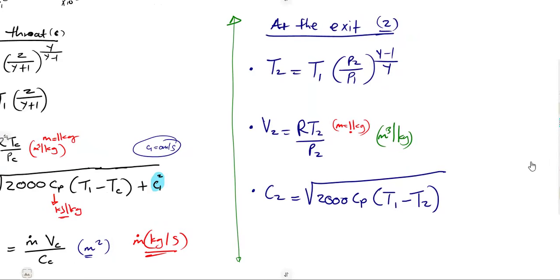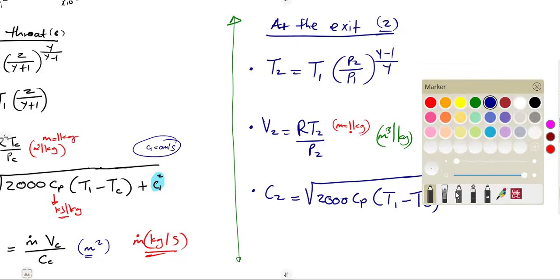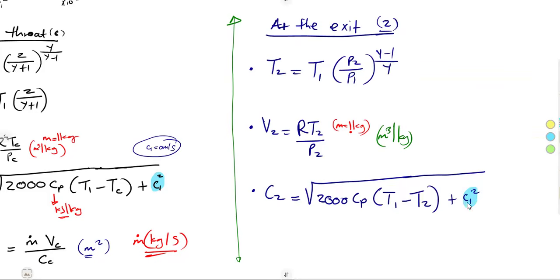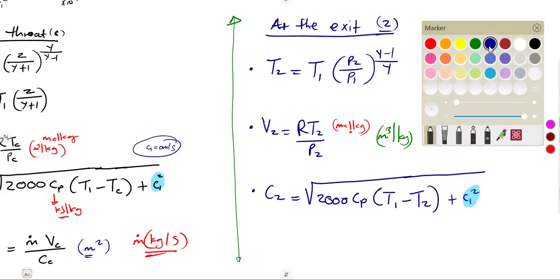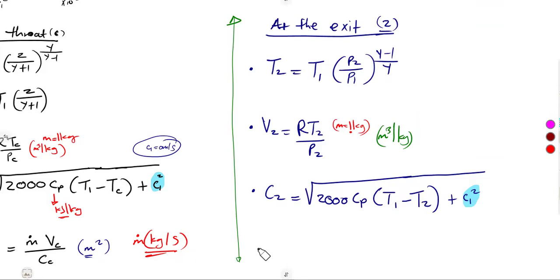You are supposed to add that C1, guys, like I said, but that one is equal to 0, so it can be neglected. You can just write it, but there's no need because it can be neglected.